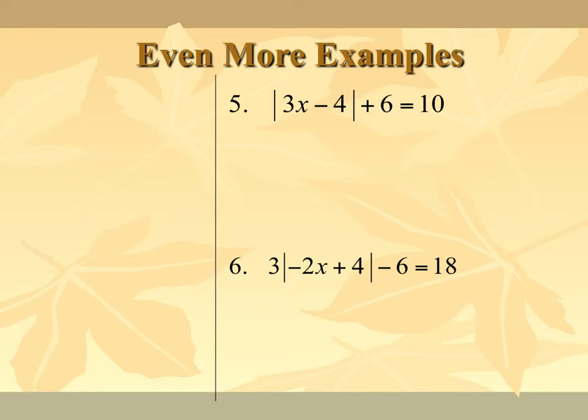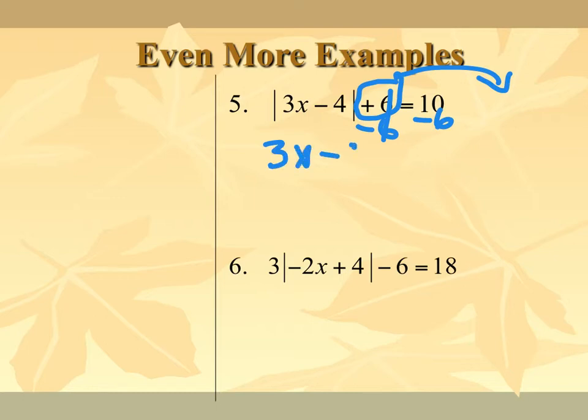I'm going to do number 5, and then you will be left to do number 6 on your own. So I have +6 right here, and I need to move it to the other side. So the opposite of +6 is -6. So 3x minus 4 equals 4. I have a -4, and I need to move this to the other side. Do the opposite, which is +4.